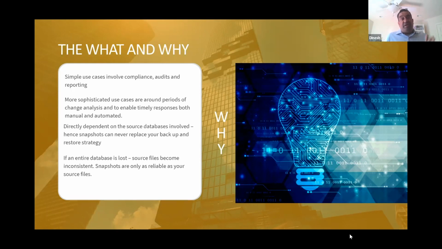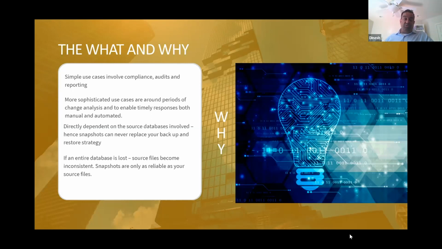Some of this could be manual, and some could be automated. But if you need it to be automated, business logic needs to be implemented around that. I'll give you an example of how we did that for one customer of ours by incorporating some business logic. It follows a BI application design type framework. All of it remains the same, but the information comes from a data snapshot as opposed to a traditional database. These are directly dependent on the source databases involved.